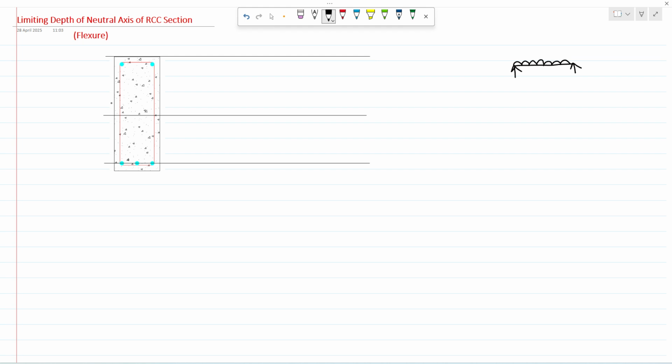Due to this external load, it will bend like this, or it will sag like this. The deflected shape of the beam will look like this.